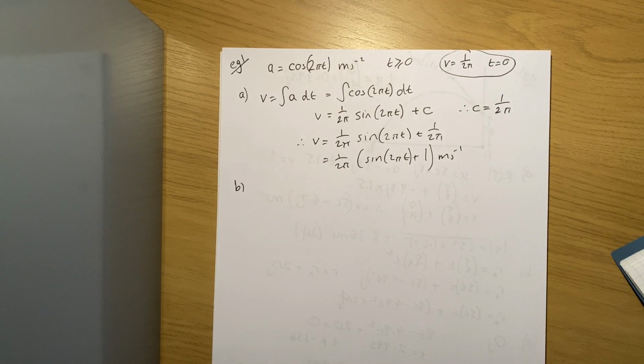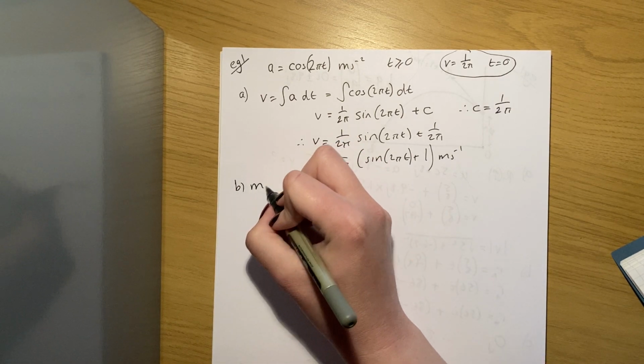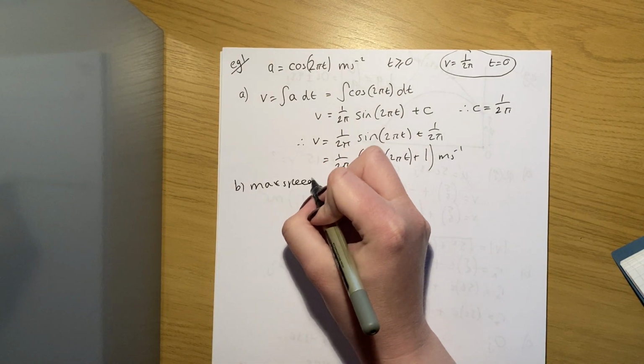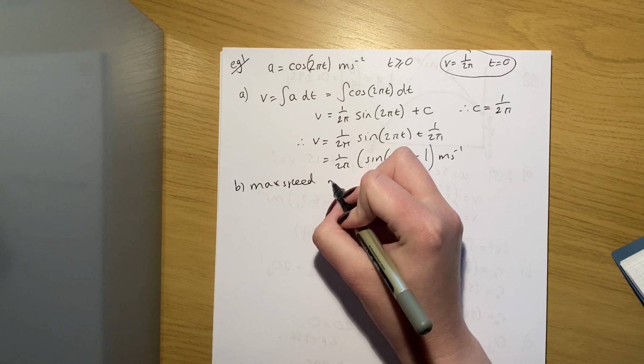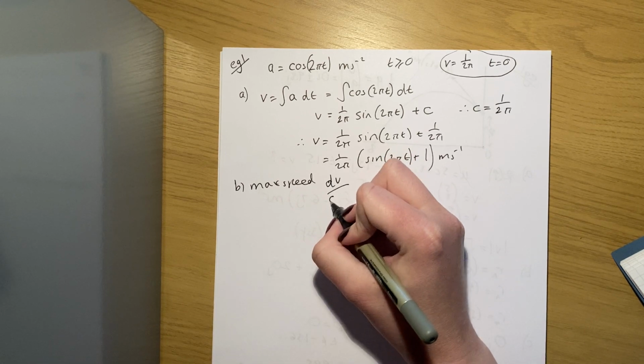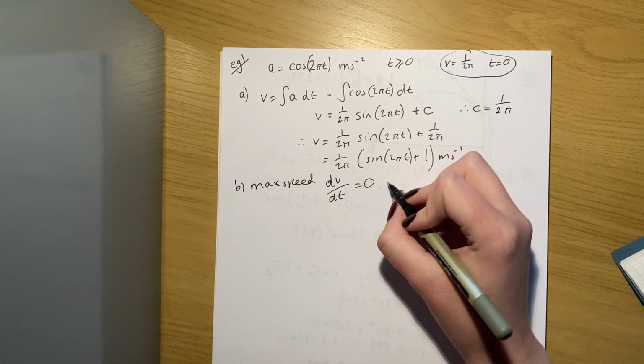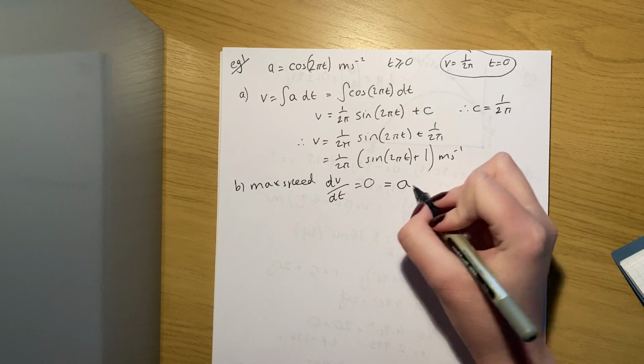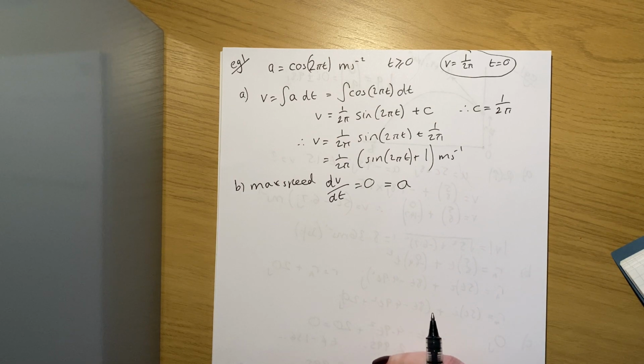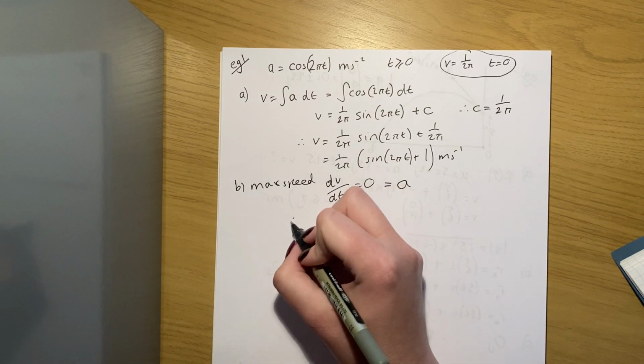B, find the maximum speed. So I did it slightly differently to the book because my automatic thought is that the maximum speed is found when the derivative of velocity is equal to 0. So therefore, when acceleration is equal to 0.